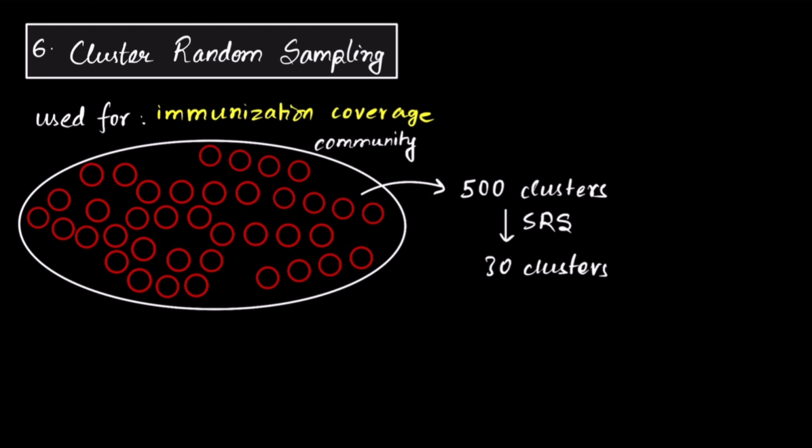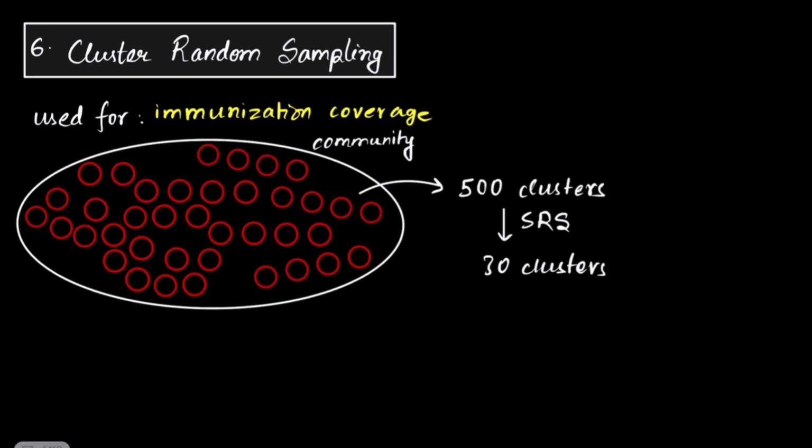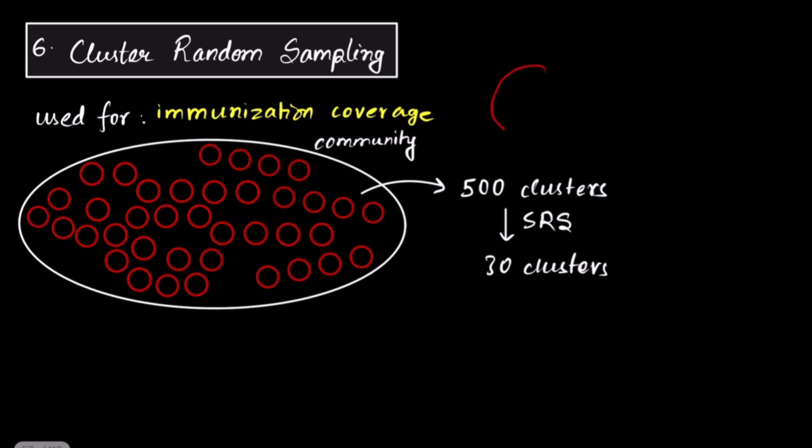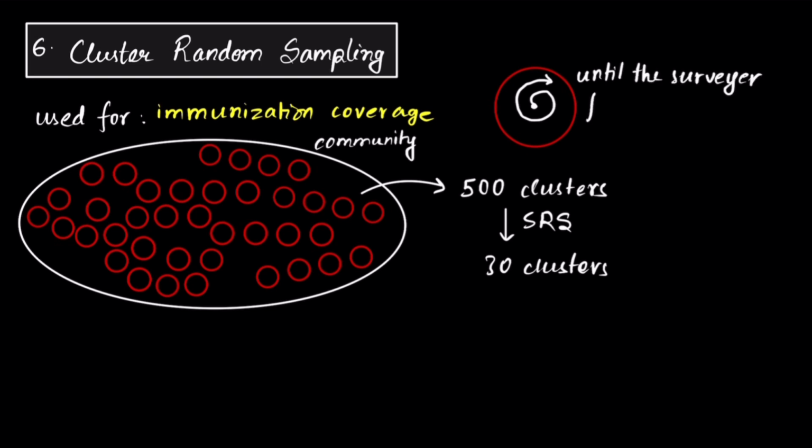Then the surveyor goes to each of these 30 clusters. So let's say this is one of the 30 clusters that has been chosen. The surveyor goes to the middle of the cluster and starts moving away from the middle until the surveyor finds 7 children.